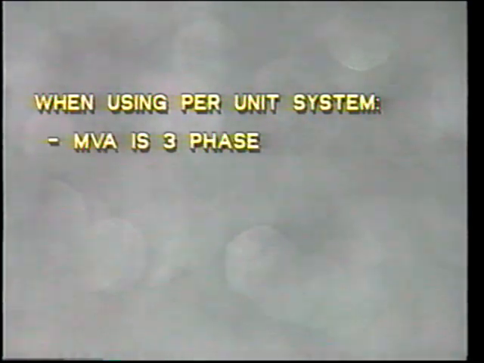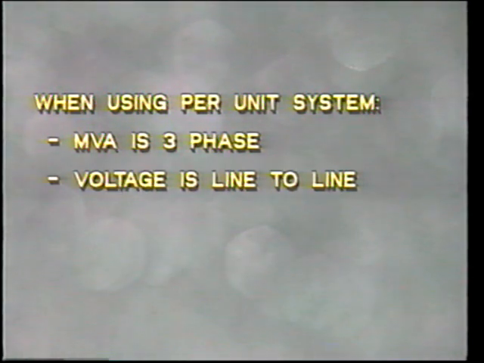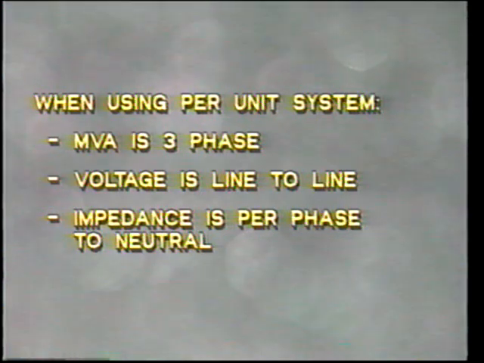When using the per unit system, remember the following points. MVA refers to three-phase MVA. Voltage refers to line-to-line voltage. Impedance refers to per phase to neutral. Please switch off the tape now and review this material in your workbook.